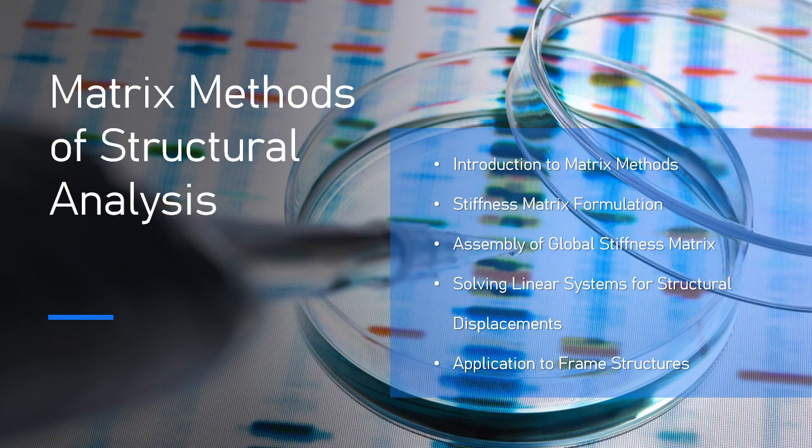For a truss element connecting node 1 and node 2 with axial stiffness, the local stiffness matrix might look like this: K_local equals EA/L times the matrix [1, -1; -1, 1]. Here, EA is the axial stiffness, and L is the length of the truss element.